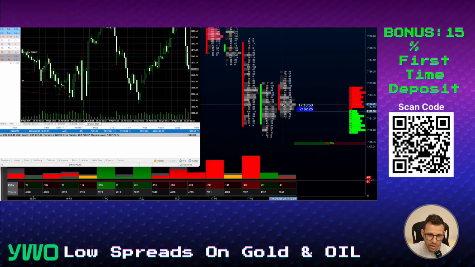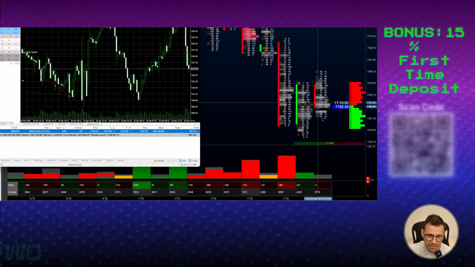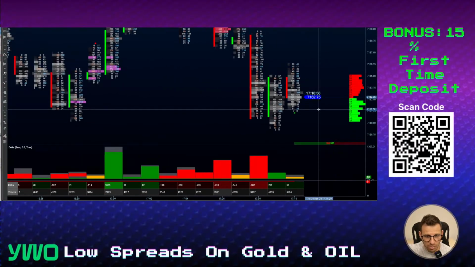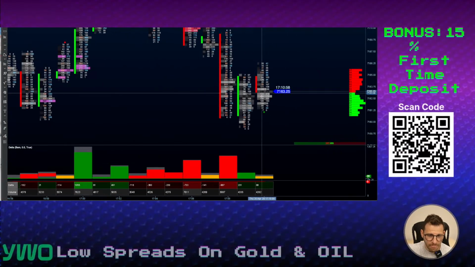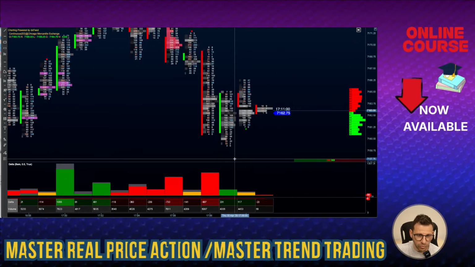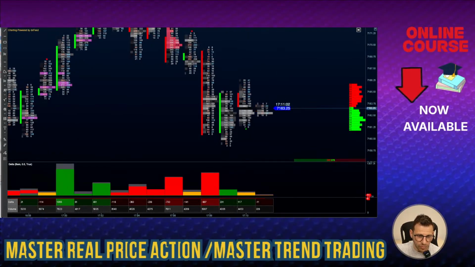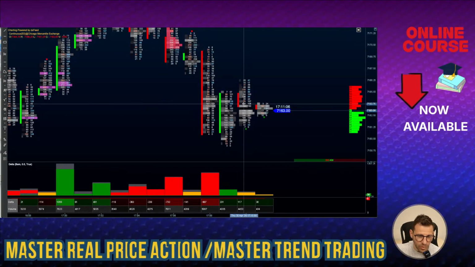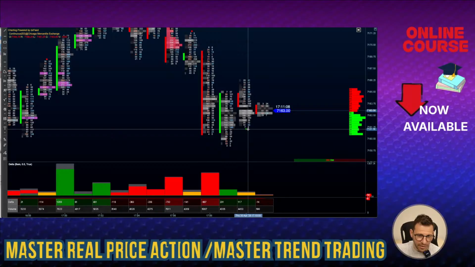We are focusing on the left column now. That's the aggressive sellers on the ask. That looked like a reversal.